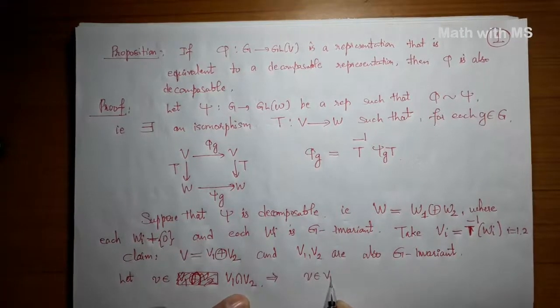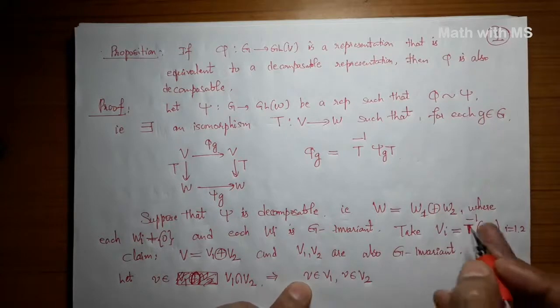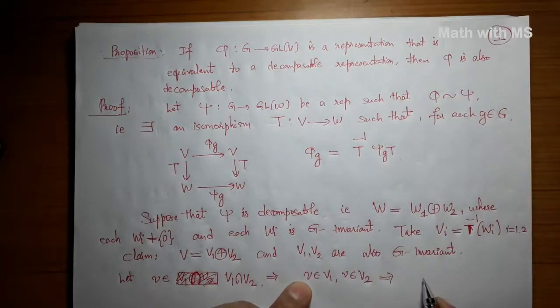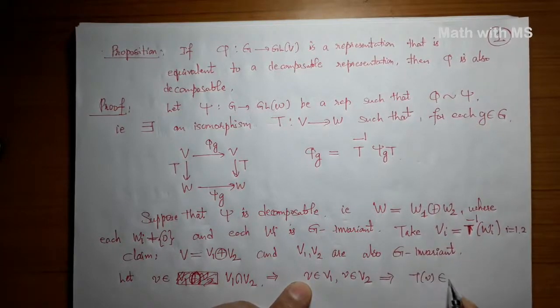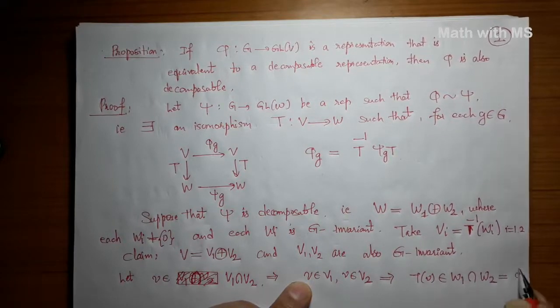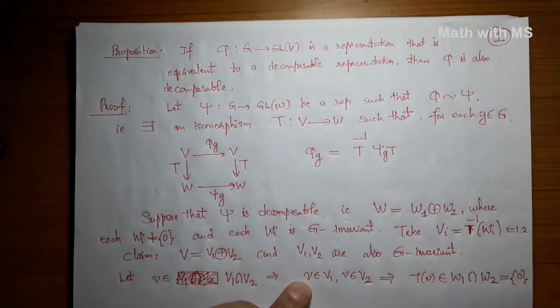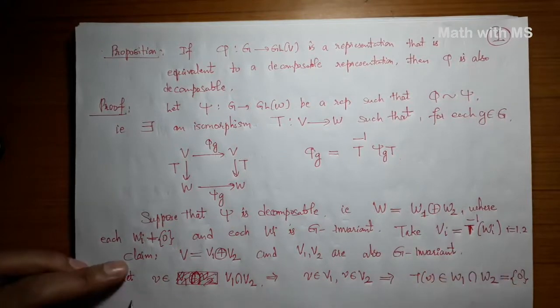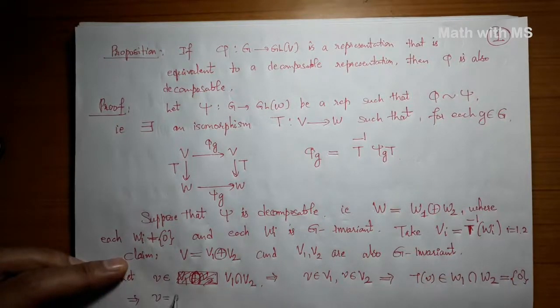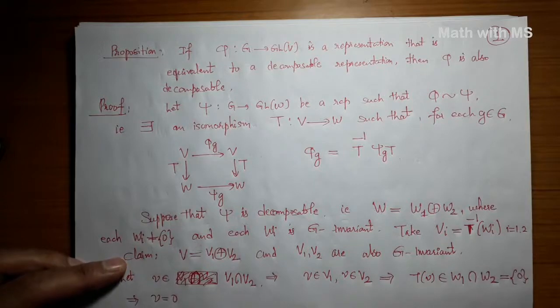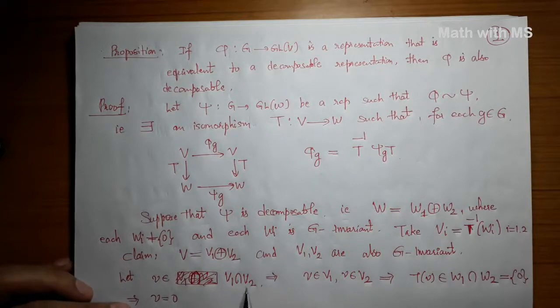So v belongs to V1 and v also belongs to V2. But that's what the Vi's are. So that implies that T of v belongs to W1 intersection W2. But that is given to be trivial because it's a direct sum. Which implies that v has to be trivial because T is injective. So therefore, V1 intersection V2 is also trivial.